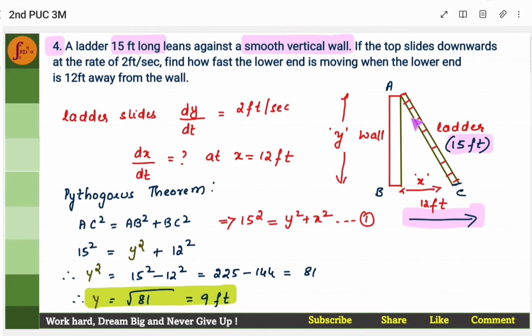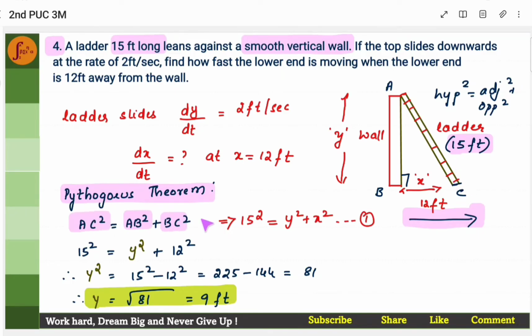If you notice, this looks like a right angle triangle. So whenever there's a right angle triangle, you need to use Pythagoras theorem. What is Pythagoras theorem? Hypotenuse square is equal to adjacent side square plus opposite side square.